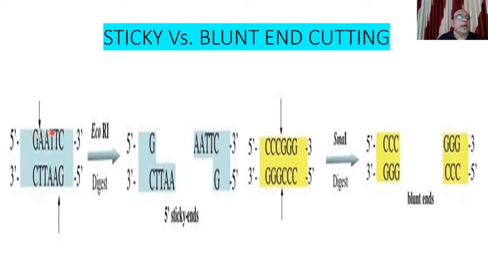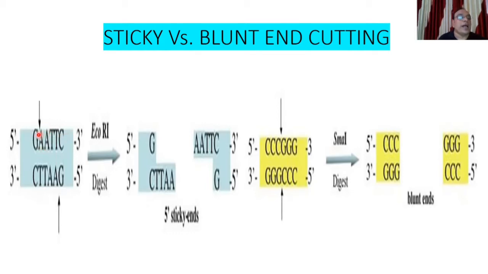And so here AT has not been bisected, but after one nucleotide, the cutting is taking place in this strand. And here, after one nucleotide on the right side, the cutting is taking place in this strand. So both these strands are not being cut in the same way.